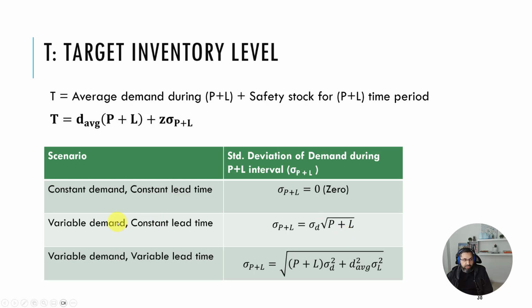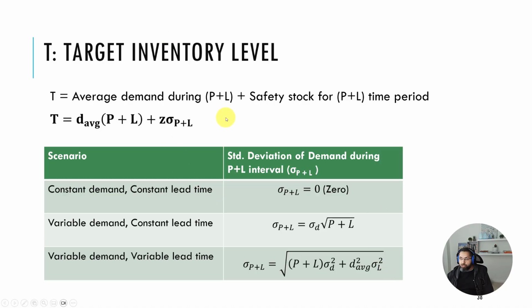You'll be given a standard deviation for the lead time as well as standard deviation for demand. You'll have this big formula, which is P plus L times standard deviation of demand squared plus the demand squared, the daily demand or the weekly demand, the small d squared, not the annual demand, times standard deviation of lead time squared.